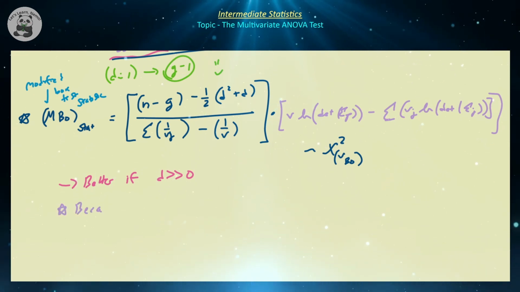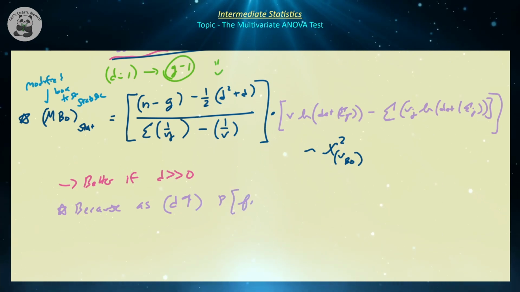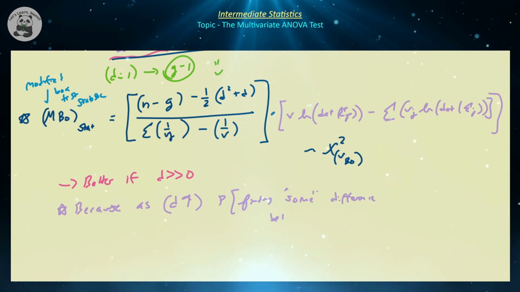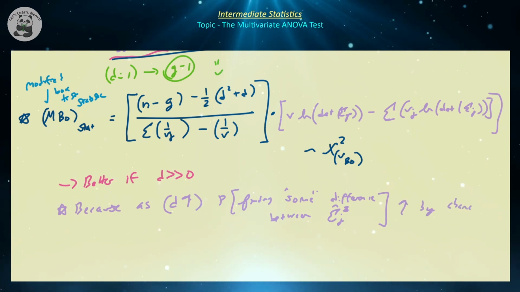So this is because as the dimension increases, the probability of finding some difference, and some is subjective of course, between our sigma hat j's increases also, and that's only by chance, right?